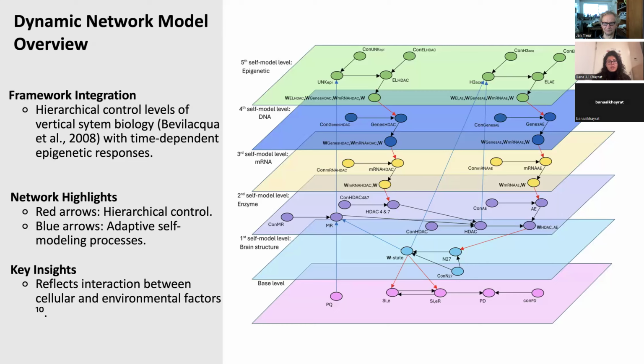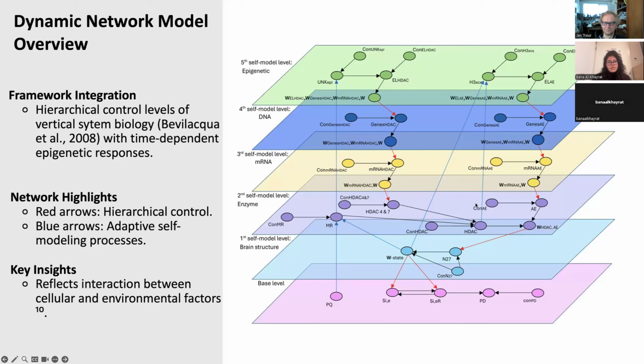Whether these connections are preserved or lost depends on the health of the dopaminergic cells, which in turn is regulated by the enzymatic activities in the second order level. Before going into the second order level, I mentioned before that the HDAC is a histone deacetylase.